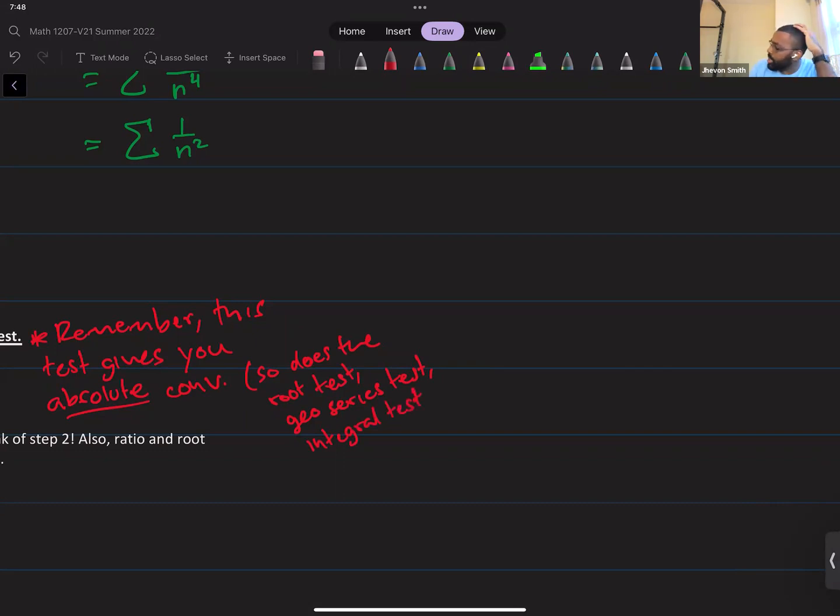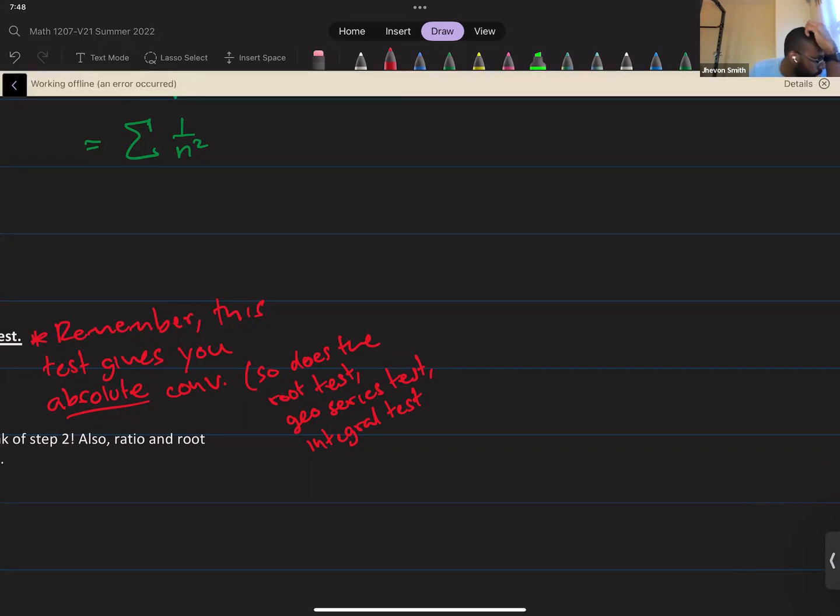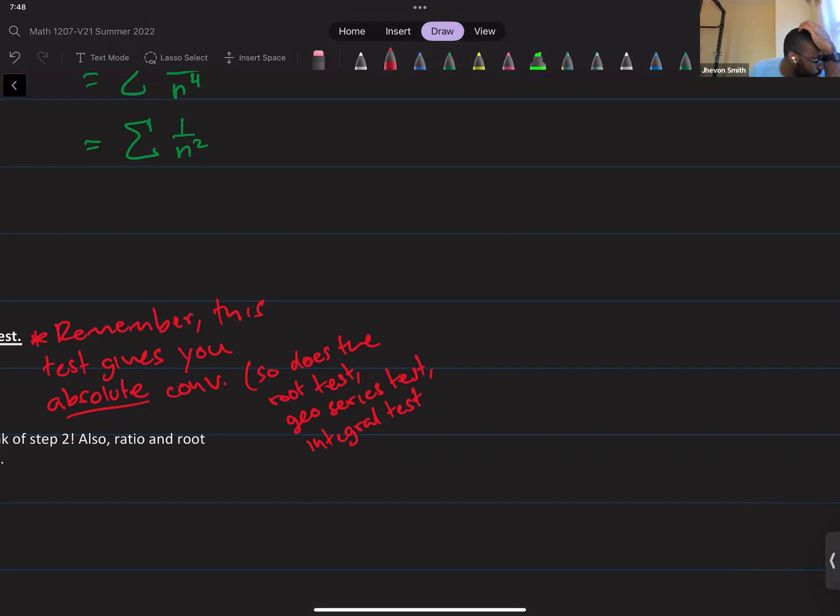Although I don't really want to say the integral test, because there are times when you can use the integral test, like, I can imagine an alternating series where technically you can't apply the integral test, but if you put absolute values around it, then you can. So it's kind of weird.